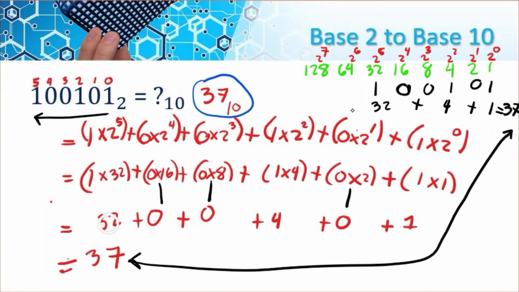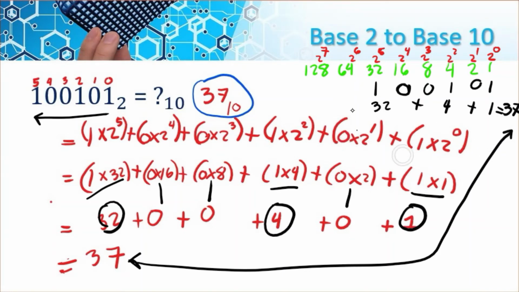Then any number nga i-times sa 1, ang result is the same. So if we times 32 sa 1, we have answer 32. If we times 4 sa 1, we have 4, then 1 times 1 is equal to 1. So kung makita niyo ang pattern class, the same na siya, we have 32, we have 4, then 1.